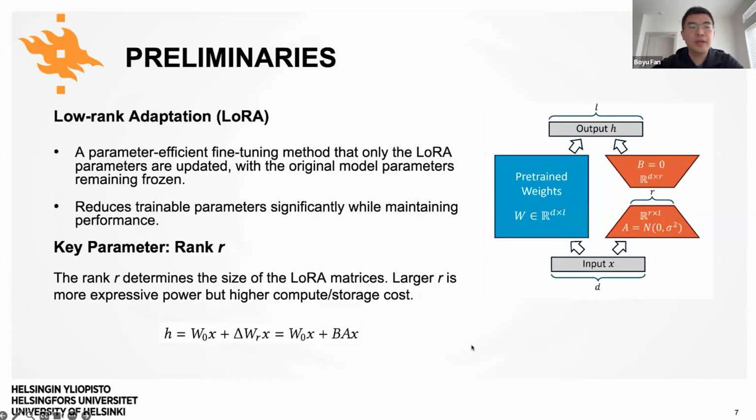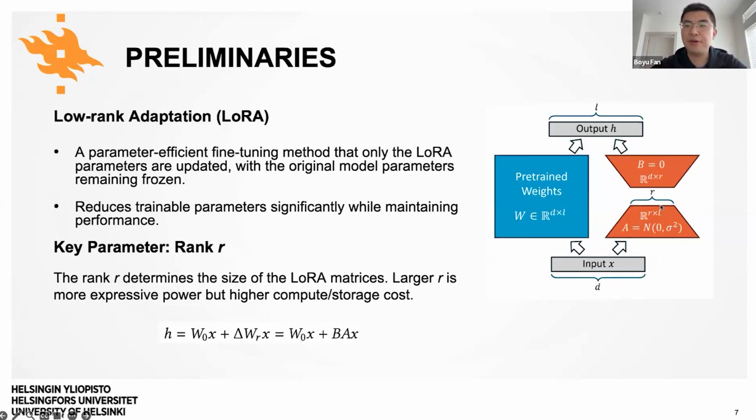By this way, we can reduce trainable parameters significantly because we can just train these two matrices, A and B. We keep this frozen, and by introducing this key parameter, rank R, we can adjust the model complexity. For example, if we give R a very small value like 4, it might be a light model.